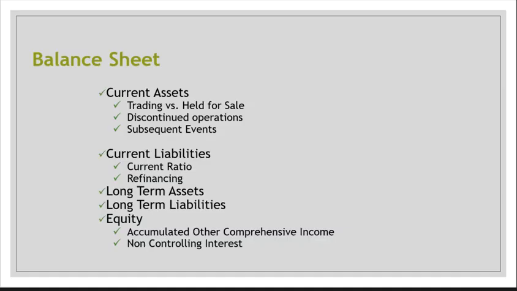Okay, so that helps us in our definition of how we handle gains and losses. When we discussed discontinued operations in our discussion of the income statement, we separated that at the bottom of our income statement. Same thing happens on the balance sheet.